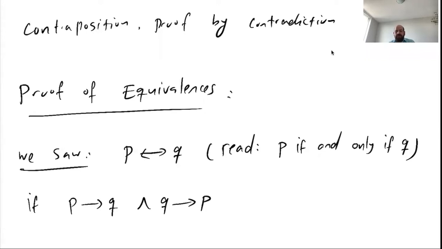So if in the exam you want to prove a biconditional statement, it means you have to prove two problems. Once you have to prove P implies Q, and then you have to prove Q implies P.